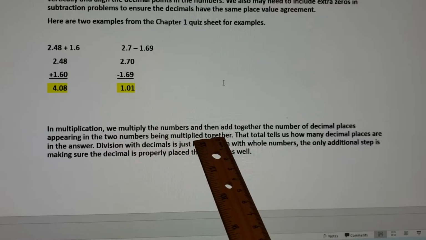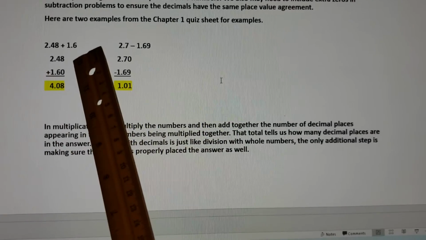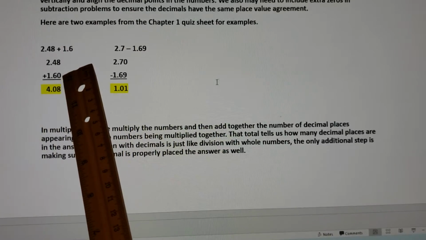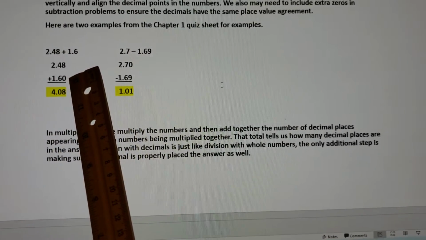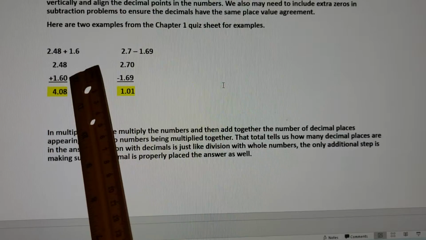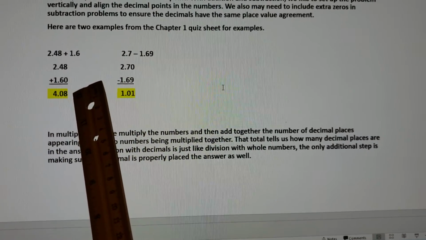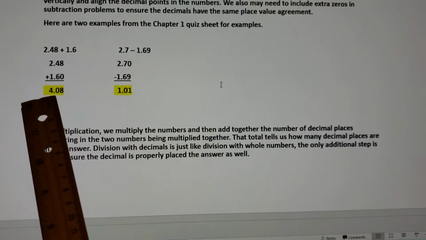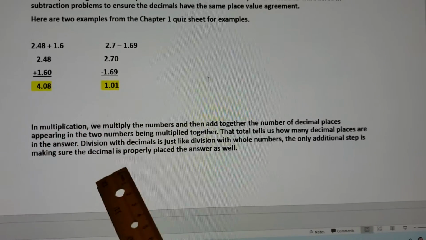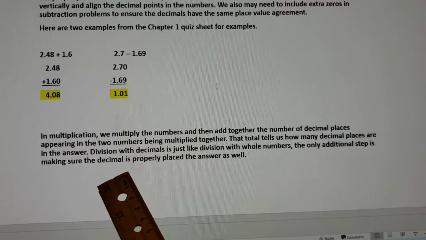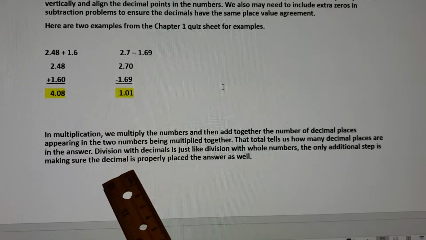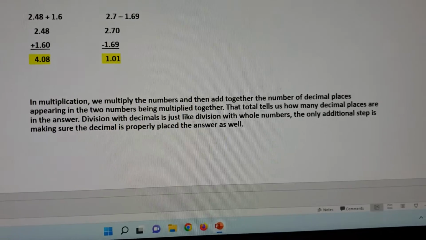So if you were multiplying these two numbers, 2.48 times 1.60, you would have 4 decimal places in your answer. With multiplication and division, you just want to put your decimal places in the proper place.